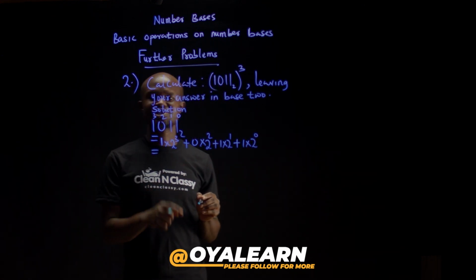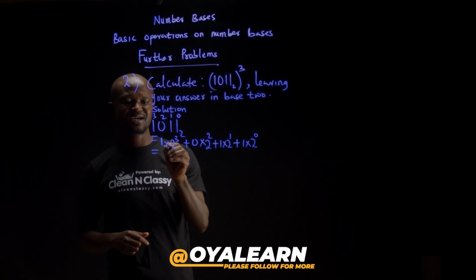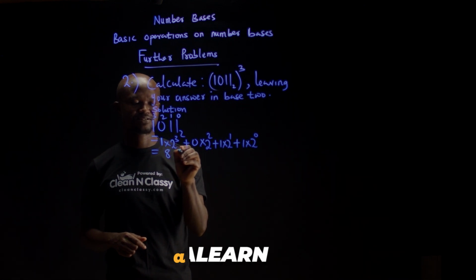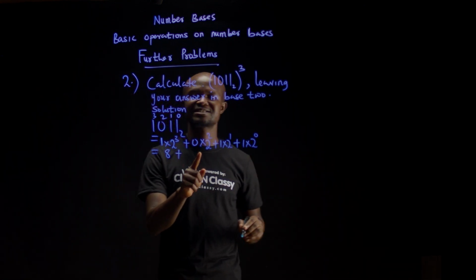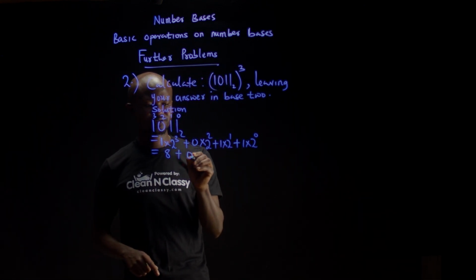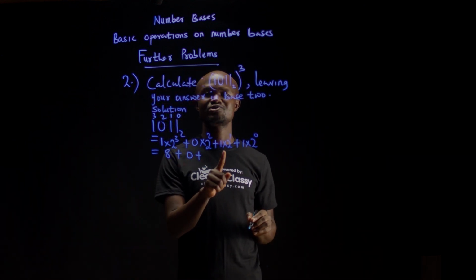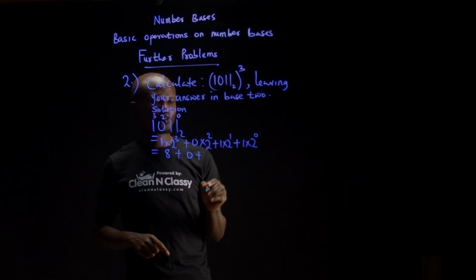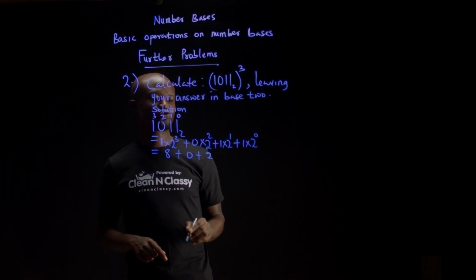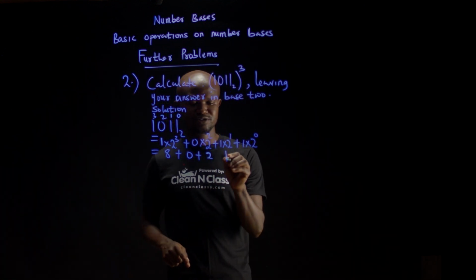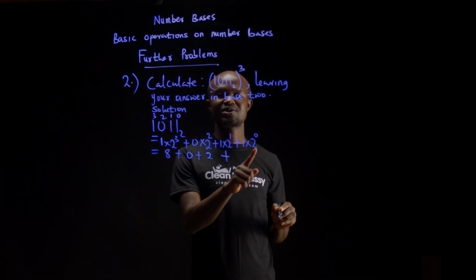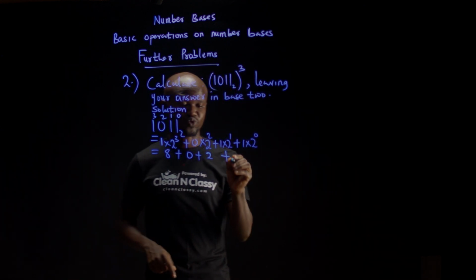Now, 2 raised to the power of 3 is 8, and 8 times 1 is 8. Plus this term with 0, so we have 0. Plus 1 times 2 raised to the power of 1, that is 2. Plus 2 raised to the power of 0, that's 1, and 1 times 1 is 1.